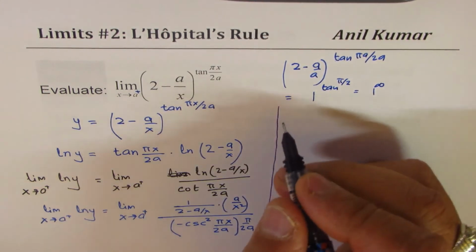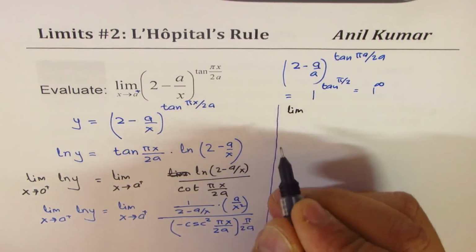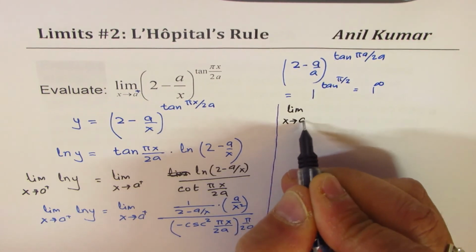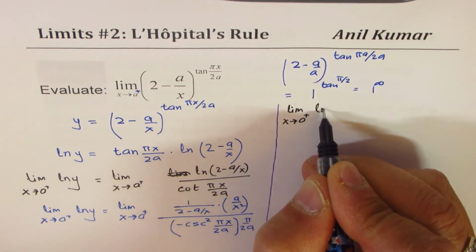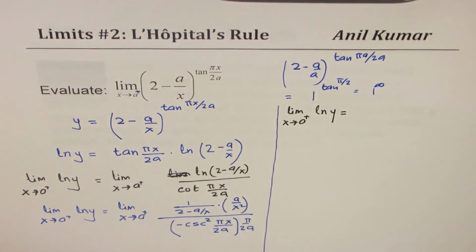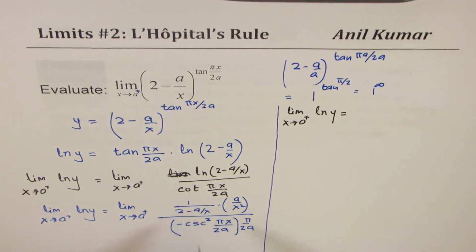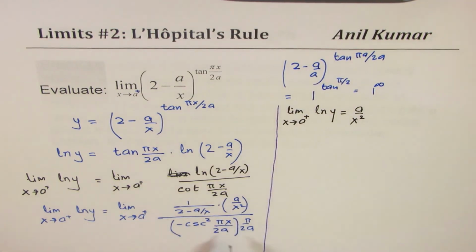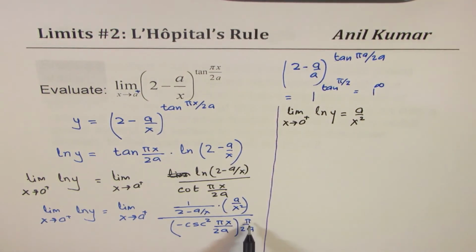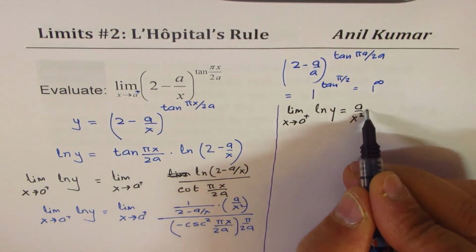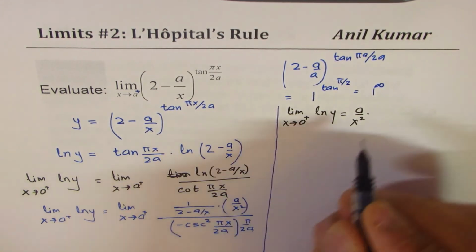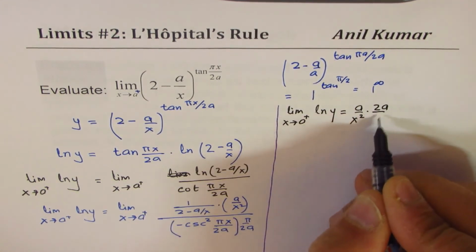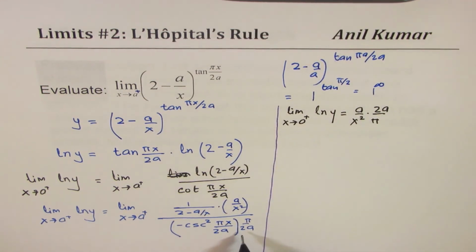Now we can write this as limit x approaches a from the right side for ln y equals. So we'll just rearrange this. So we have a over x squared, and here we have divide by pi over 2a. So when we flip it, we can write this as 2a over pi, okay?